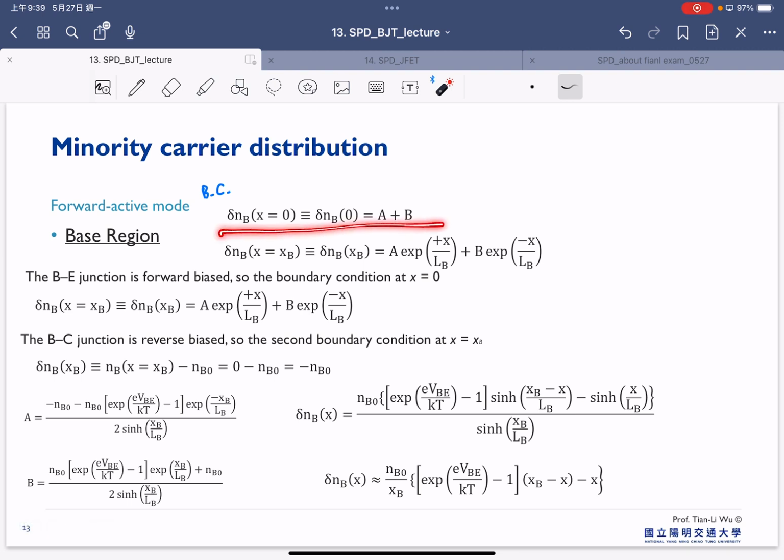By considering these two boundary conditions, we can solve this equation, and in the end the coefficients A and B can be calculated. Finally we have the equation that expresses the excess concentration in the base region.